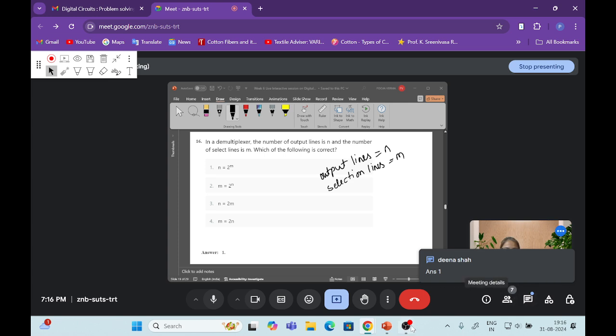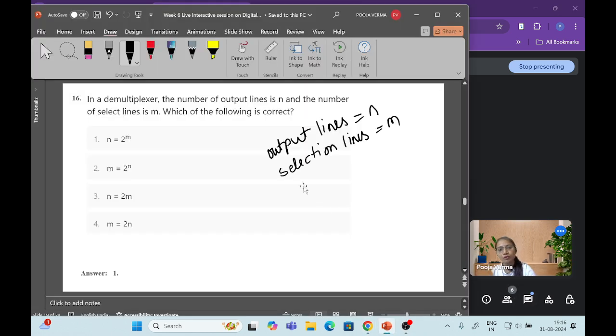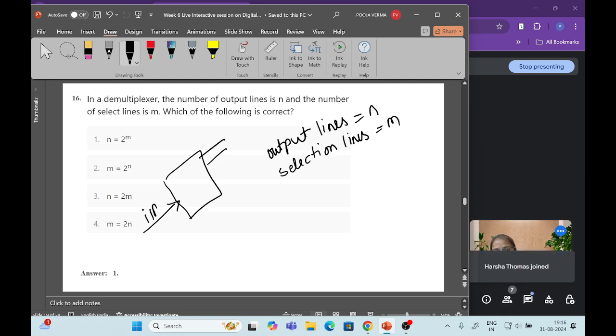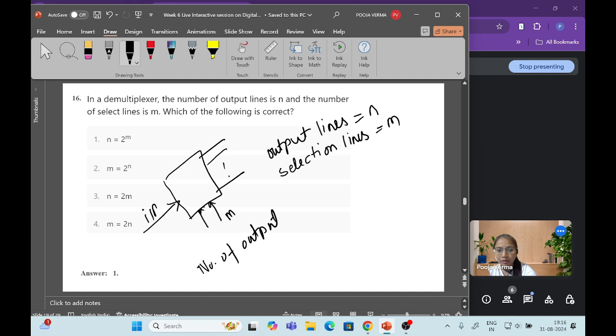In the demultiplexer we know that there is only one input and the number of outputs is based on the number of selection lines. So if the number of selection lines is m, then the number of output lines is 2 to the power m.